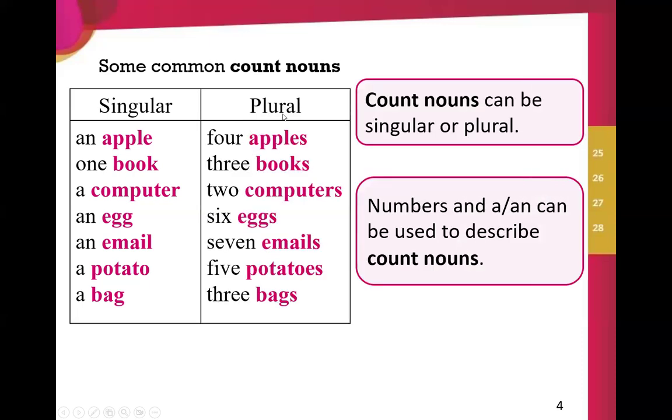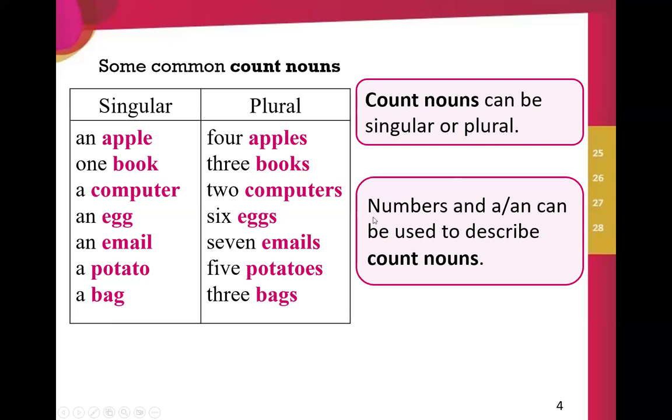The plural from them, for example, an apple, the plural of it, four apples. One box, three boxes. A computer, two computers. Six eggs, seven emails, five potatoes, three bags, and so on. So count nouns can be singular or plural.